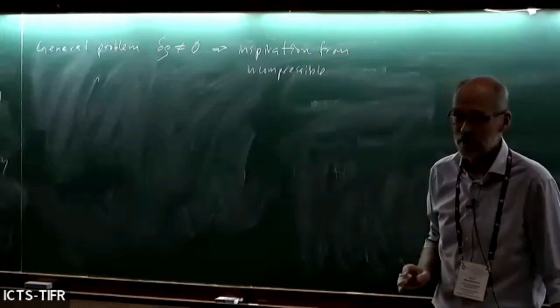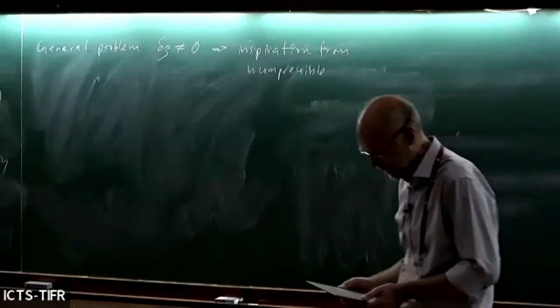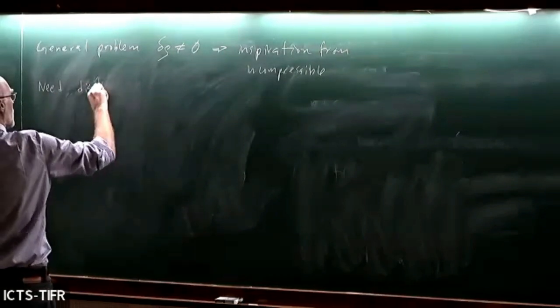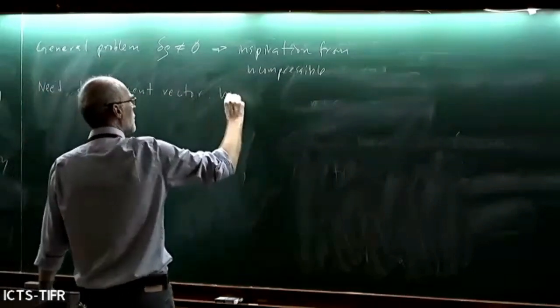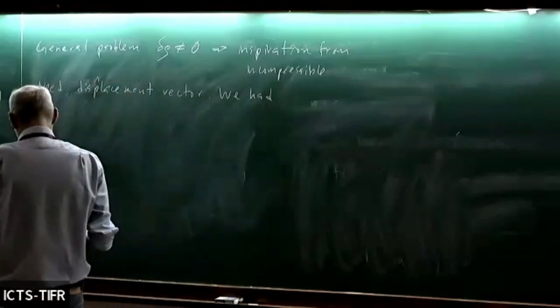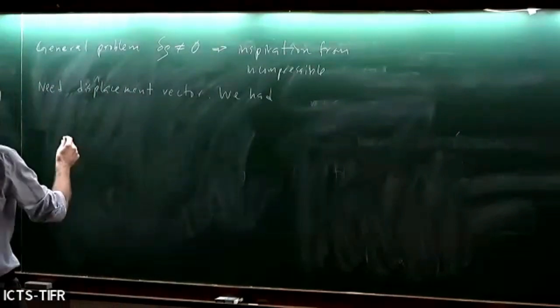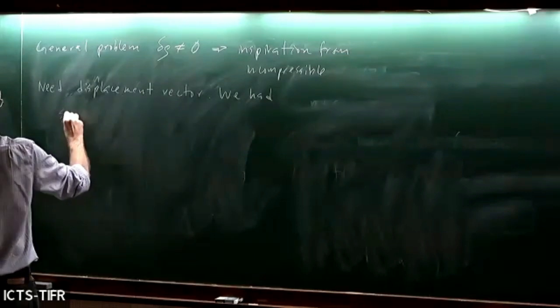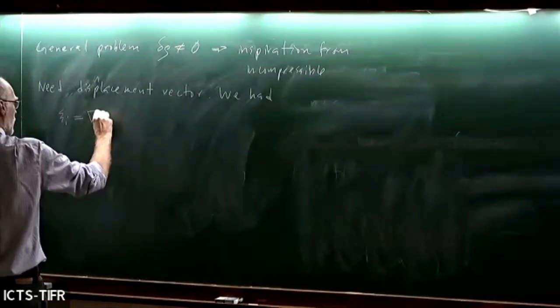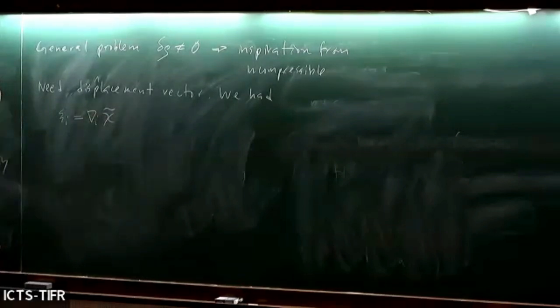Yeah, the writing really went downhill. That's the way it happens. So I need some displacement vector. So what did we have? Well, we had something like this, right? Psi i was some gradient of some chi, maybe not exactly the same chi because of the time derivative. Let's just call it chi tilde, right?